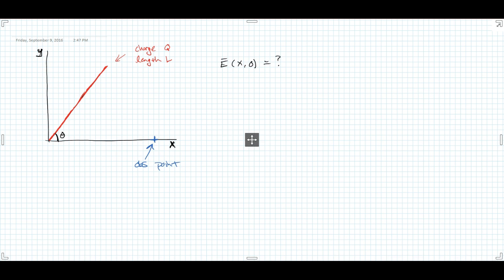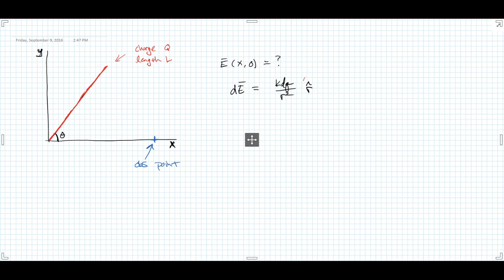Again, we know that the field due to a point charge can be written as this. If I have a little piece of charge, call it dq, and I know how far away I am from that charge, I can calculate the magnitude of the electric field due to that charge.